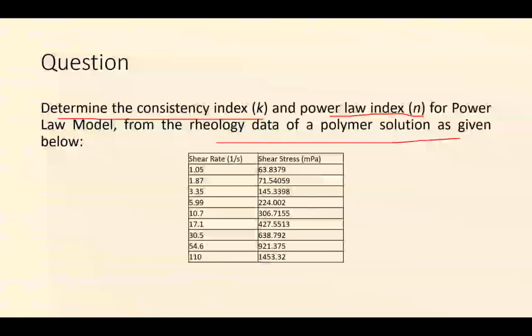This rheological data of a polymer is measured by a rheometer, where you can get the values of the shear stress for different values of the shear rate. So these are the different shear rate data, and this is the corresponding shear stress data.